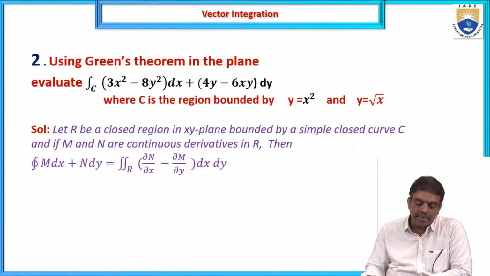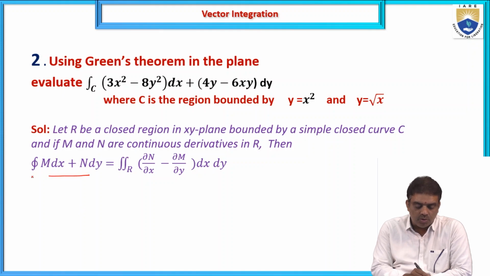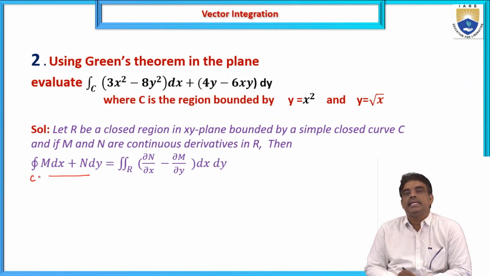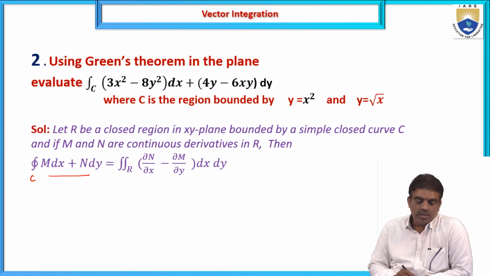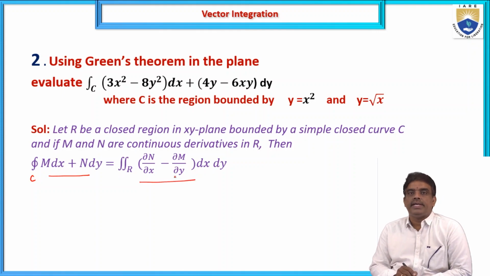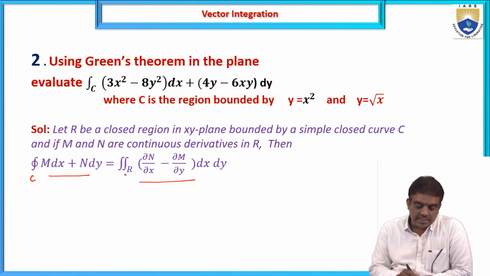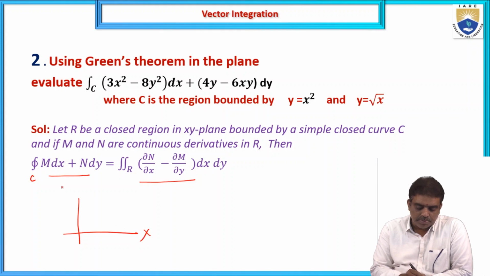So we know that by Green's theorem, integral over the closed curve C of M dx plus N dy is equal to double integral over region R of dou N by dou x minus dou M by dou y dx dy, where R is the region bounded in the xy plane. This is the x axis, y axis, all xy plane, and it is the region.